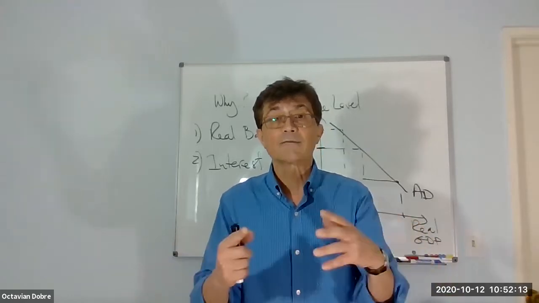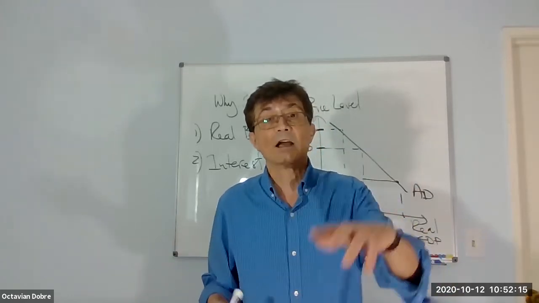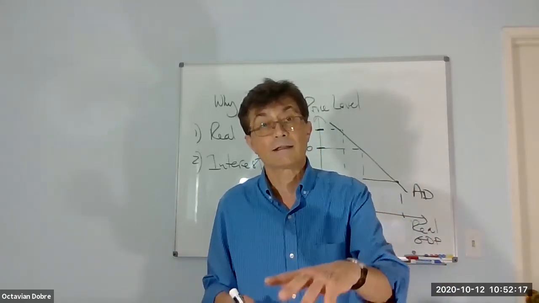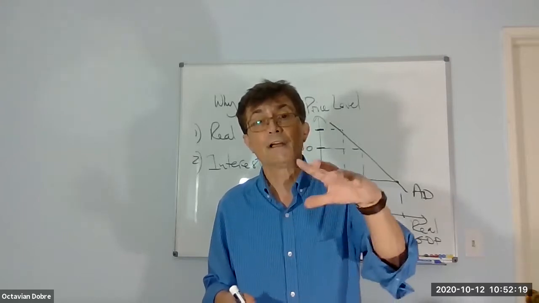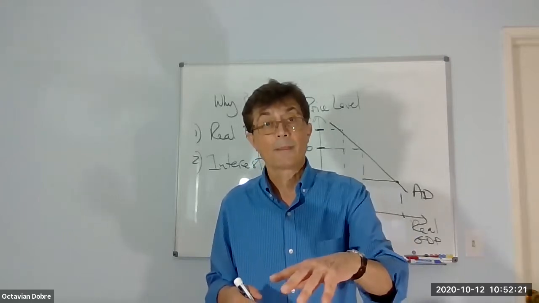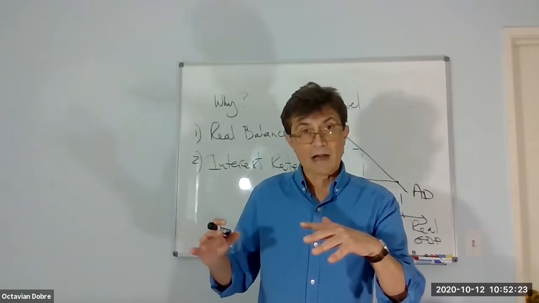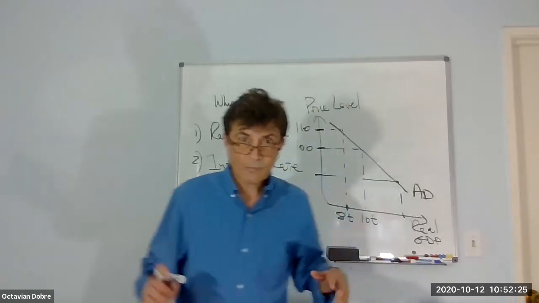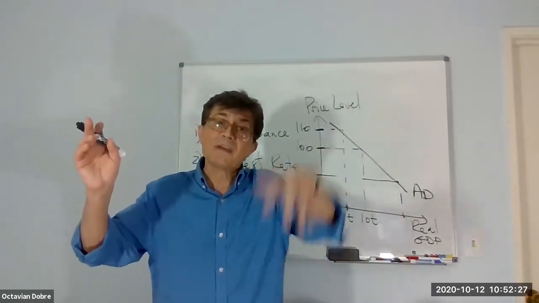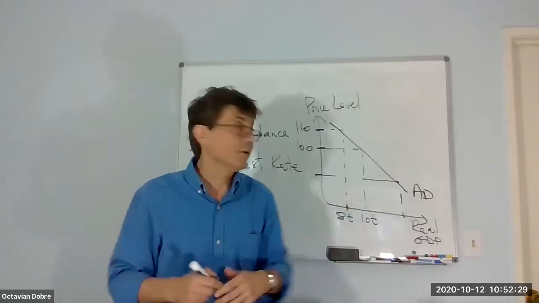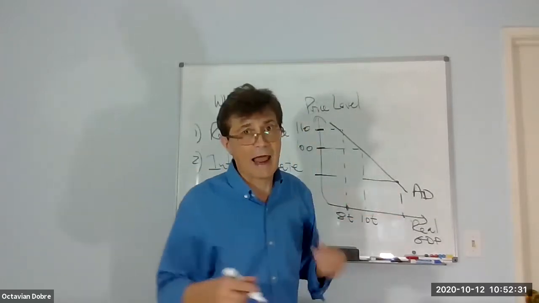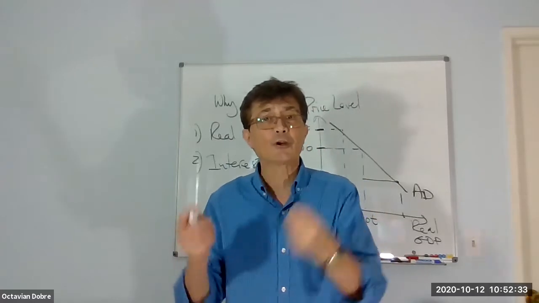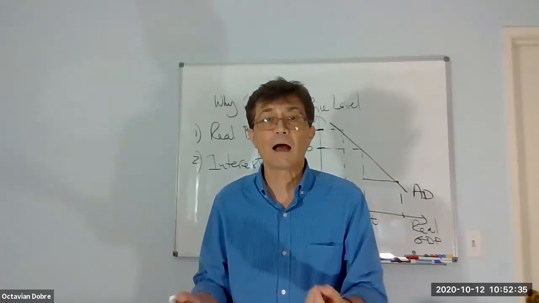And as interest rates are going up, businesses will start borrowing less. So business consumption is going to go down. So at the same time as price level goes up, business consumption goes down. Because folks, remember this aggregate demand, the demand for goods and services, where is that coming from?